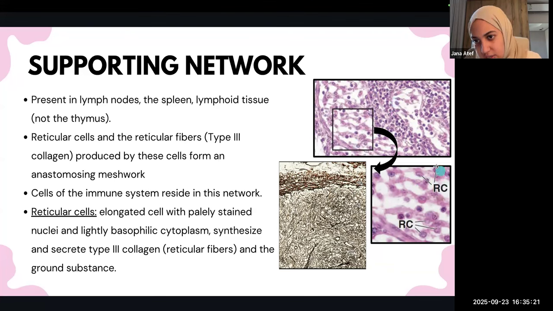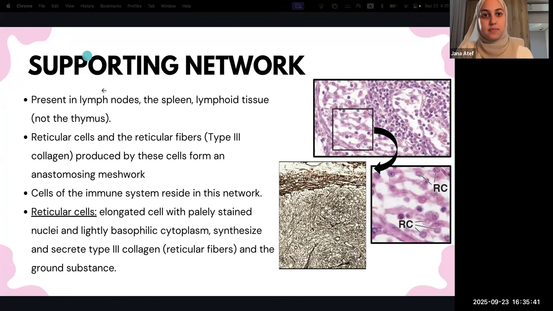It's usually going to be zoomed in. First identify where you are, so which organ is it? If it's the thymus or a lymphatic organ, you know it's going to be a reticular cell. And if it asks what the identifying features are, say it's an elongated cell with a palely stained nucleus, and it also synthesizes type 3 collagen, the reticular fiber.